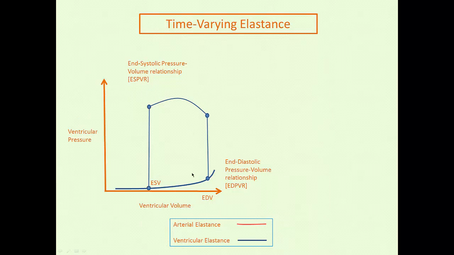But this is sort of a model of what's happening in time-varying elastance. It's not exactly correct because in terms of the arterial elastance curve, the way this depicts time-varying elastance of the artery, it makes it look like the volume of the aorta or the pulmonary artery is decreasing with time. And as you know, during ejection, the volume in the ventricle is decreasing, but the volume in the aorta or pulmonary artery is actually increasing.